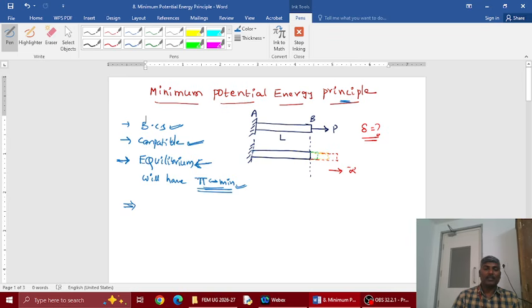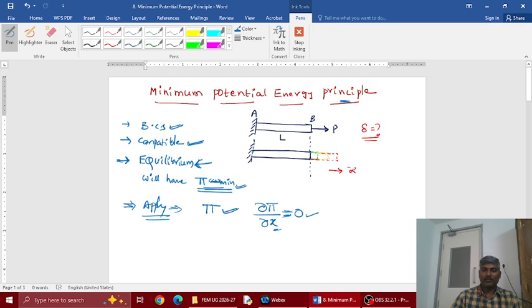When you want to apply this, we will apply it in the reverse manner. We write the total potential energy of the system. Then we search for where this is going to be minimum. Minimum means I take it as 0. That will give you the unknown value of displacement, if your problem involves displacement.